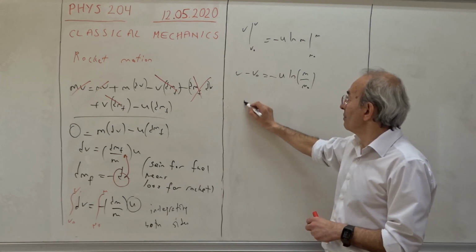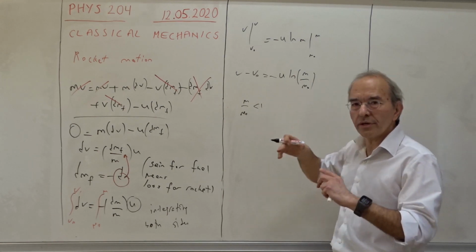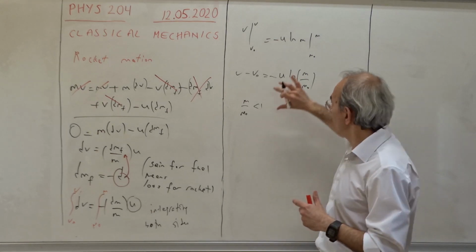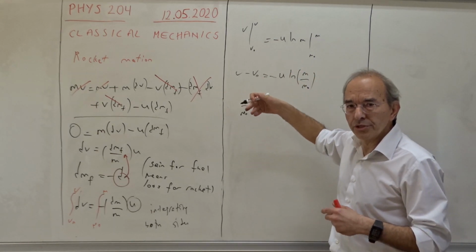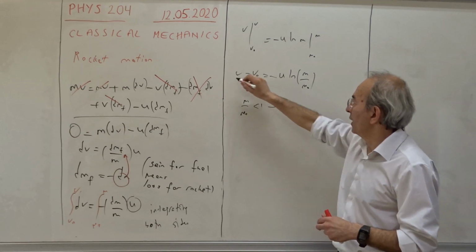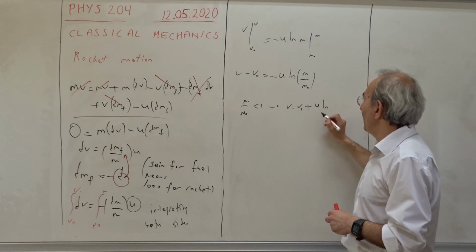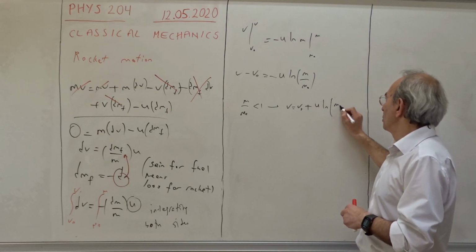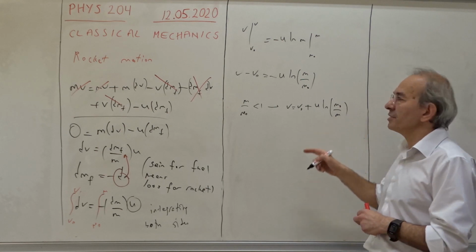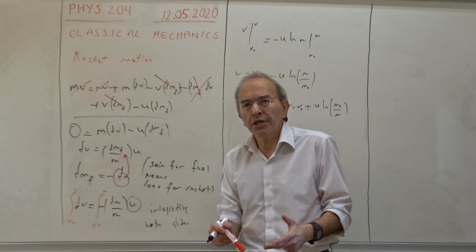But since m over m0 is less than 1, and ln of a number less than 1 is negative, let's change the order, turn it upside down, so that v, take v0 also to the other side, v equals v0 plus u times ln m0 over m. And m0 over m is necessarily greater than 1, because m0 is the initial value just at the beginning.